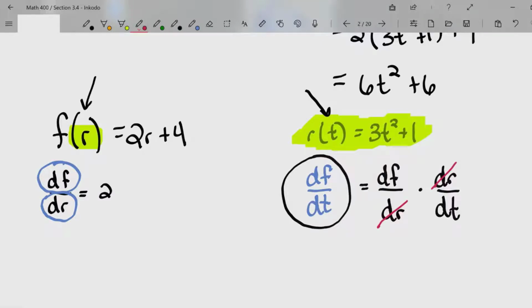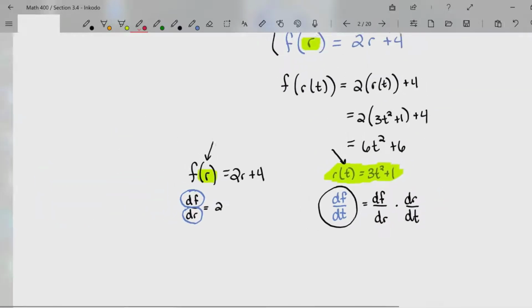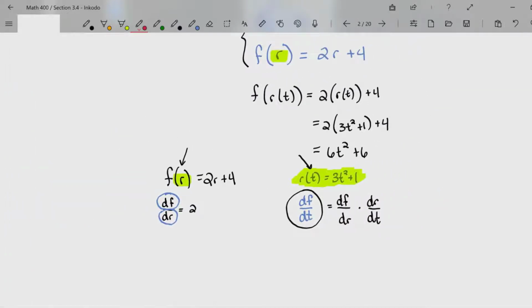They don't. Remember, these aren't actually fractions, they're operators, but visually, Leibniz notation is incredibly powerful because it allows you to see that this will turn into df/dt if you visually say those dr's cancel. They don't, but visually it looks like they do. All right, that should be utterly confusing to you. It's totally fine. We will clarify as we move forward.